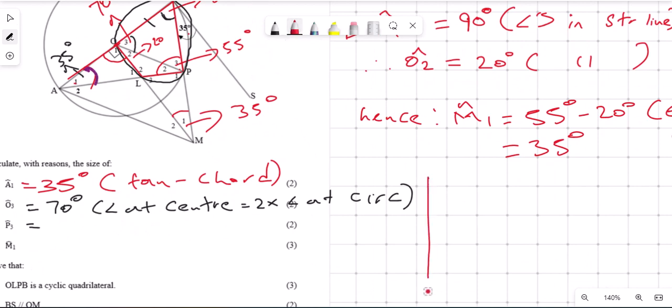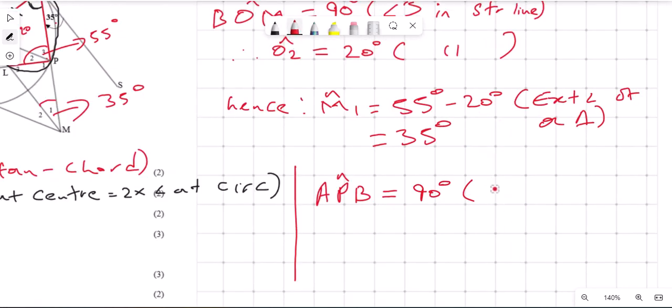So let's go. Step number 1. APB is equal to 90 degrees. Then what do we say? Angle subtended by a diameter, or angle in a semicircle.